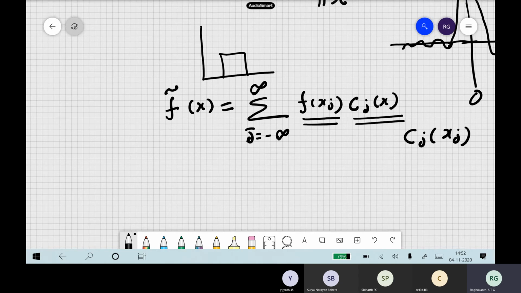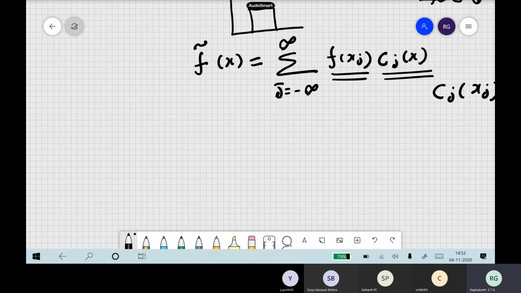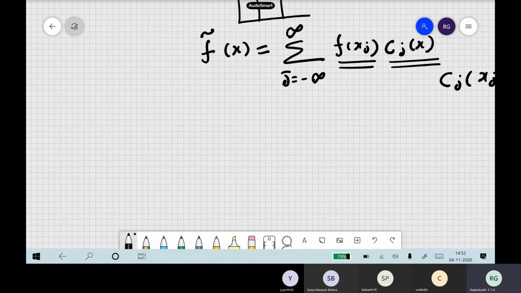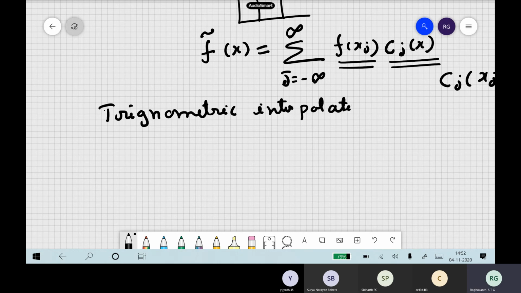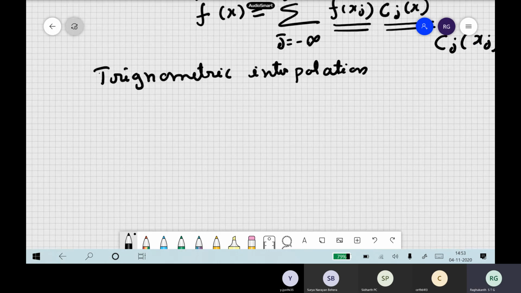Now for trigonometric interpolation, sometimes sinc x is the oldest cardinal function which came. Now we have other cardinal functions also for trigonometric interpolation. These are more or less the same type of functions, but slightly different.